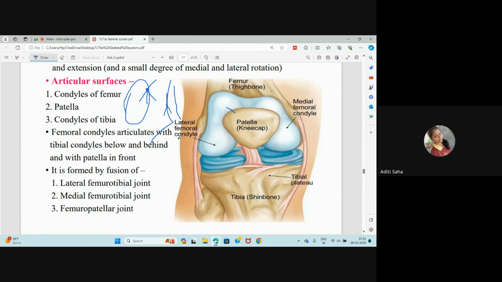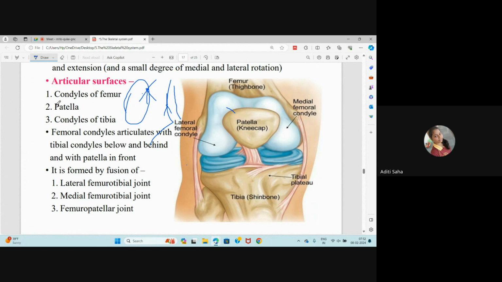So in this leg this side will be medial and this side will be lateral, and here in this picture this will be medial and this will be lateral. You can see here two condyles. It is the right leg knee joint, and this is the lateral femoral condyle and the medial femoral condyle.